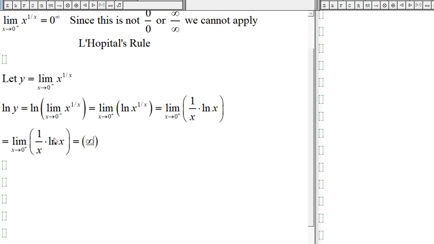And for ln of x, as x gets smaller and smaller, ln of x will approach negative infinity.